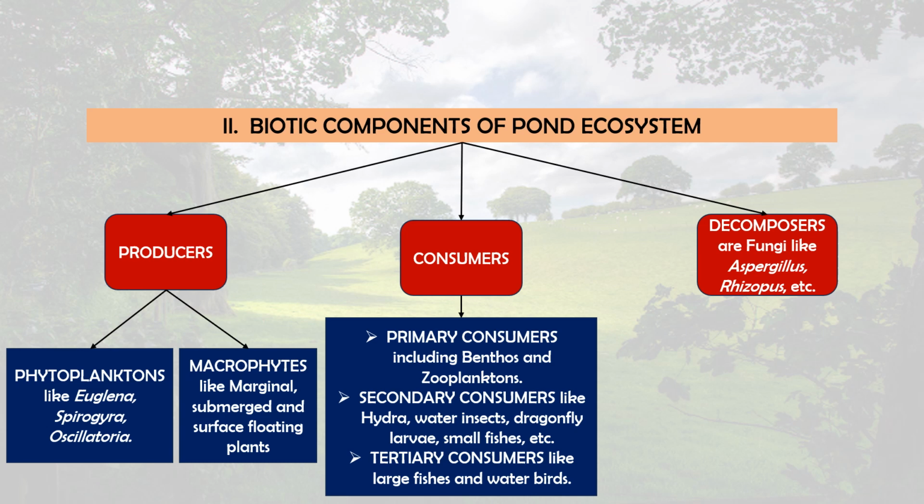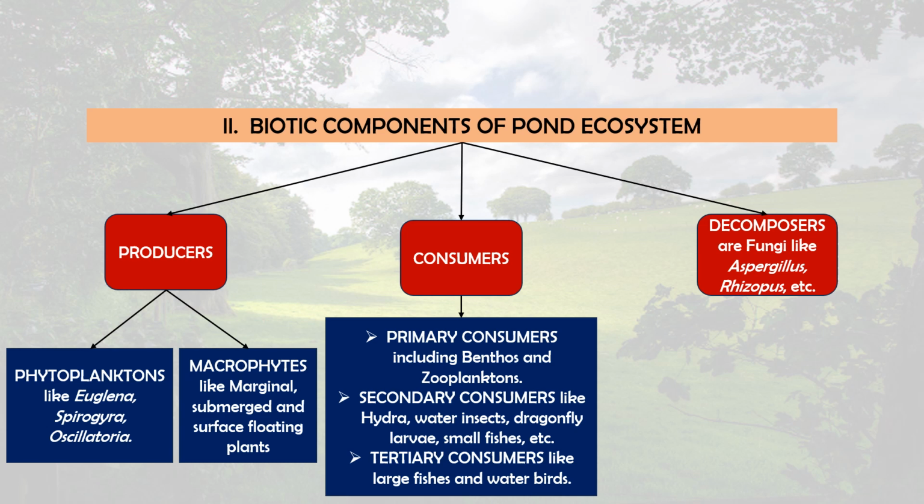Benthos are those animals that are associated with living plants, and they form the bottom layer of pond because they remain on the bottom of the pond, and they feed upon the plant on which they remain, and they are generally detritivores.